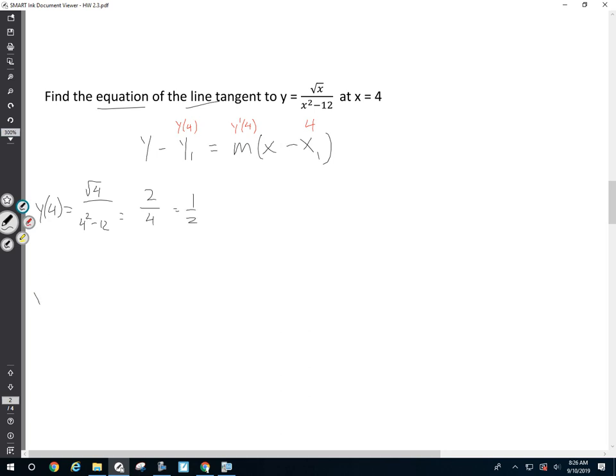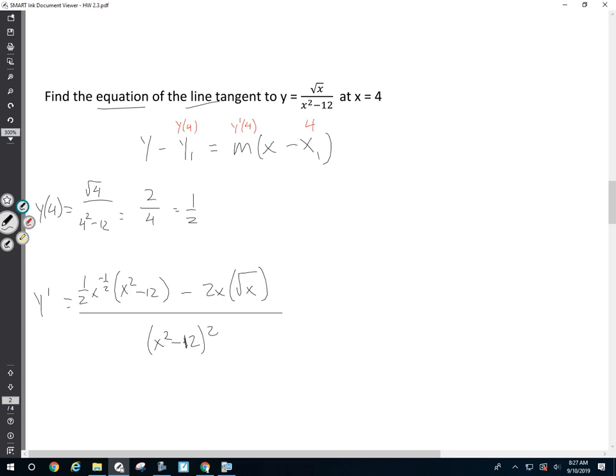Now let's find y prime. So go to the top: 1/2 x to the negative 1/2 using the power rule, times the bottom, x squared minus 12, minus, go to the bottom, 2x, times the top, root x, all over the bottom squared, x squared minus 12 squared.